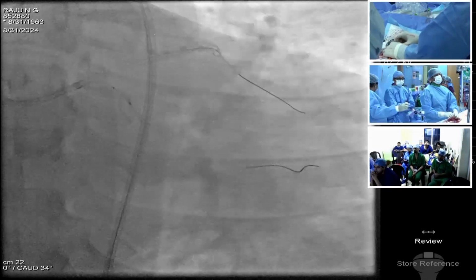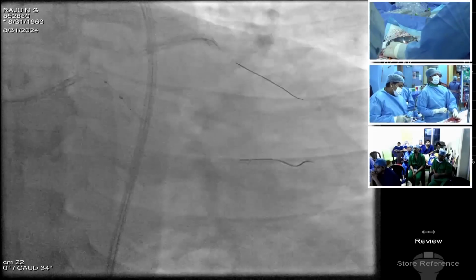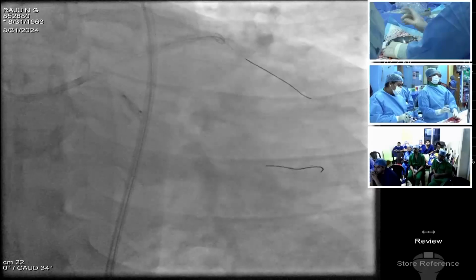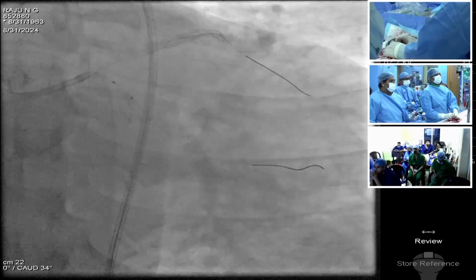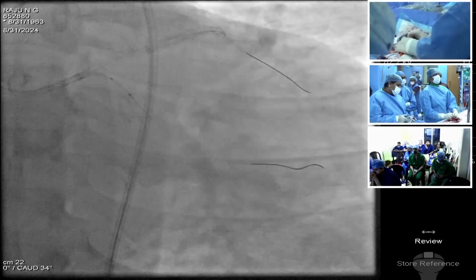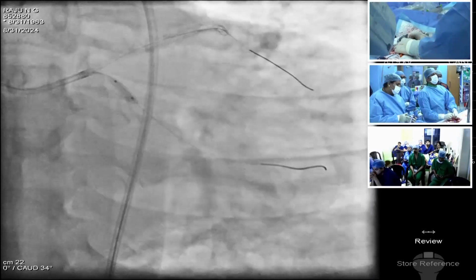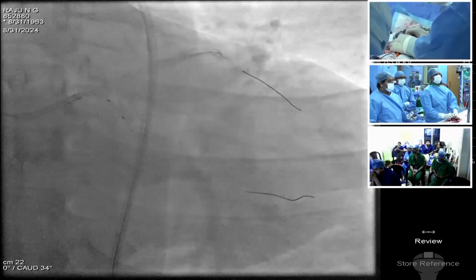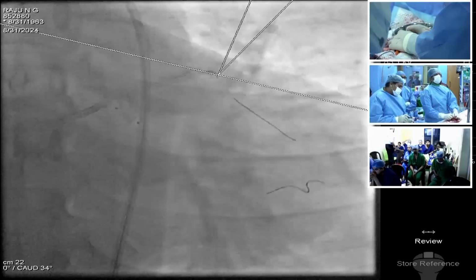Okay, dilate. Negative. 12, 14, 16, 18. Negative. 18, again 18.